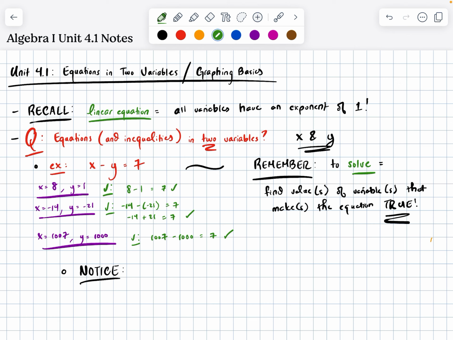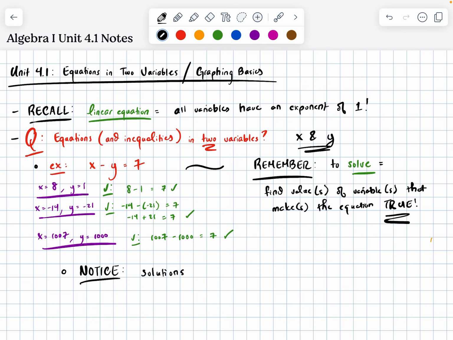But what do you notice about all of them? Well, unlike the equations that we were finding solutions to before, usually we were only interested in things that had one part, right? It was just x equals 5. But now when I find a value of x that works, I also need attached to it a value of y.